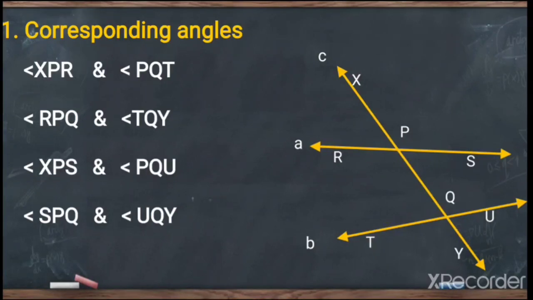Now see the downward direction: angle RPQ, and its corresponding angle is TQY. Now see your right hand side at upward direction. Here is angle XPS, its corresponding angle is PQU. Similarly at downward direction, SPQ and UQY. So these are the four pairs of corresponding angles.